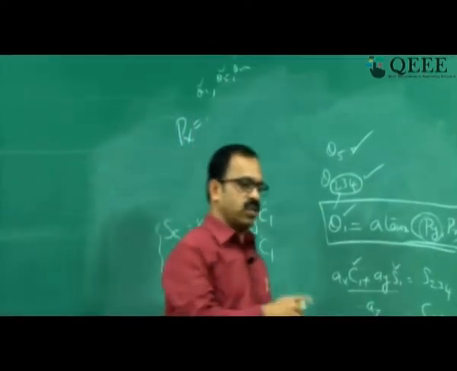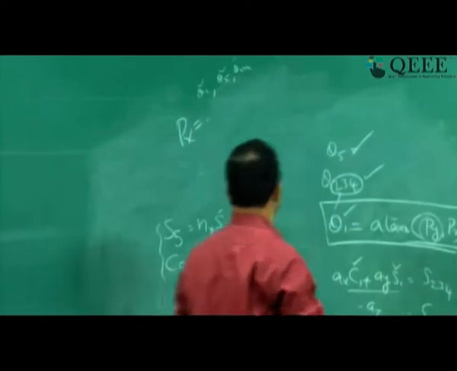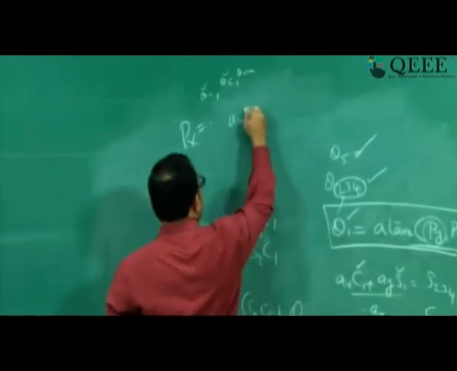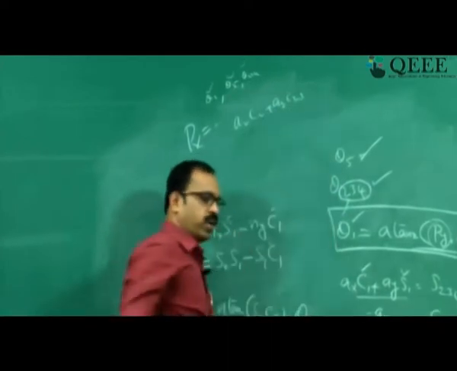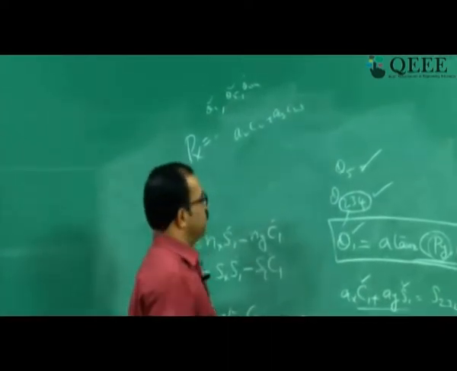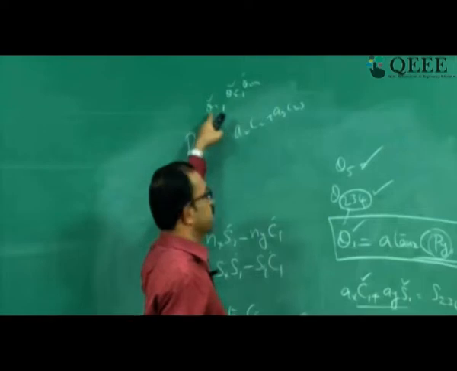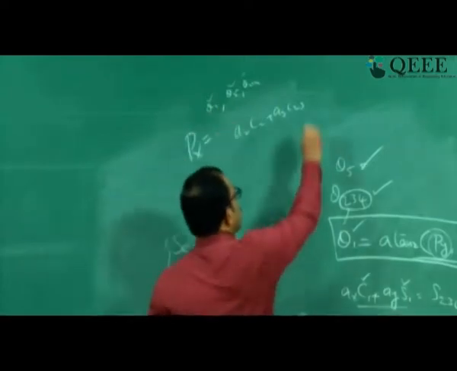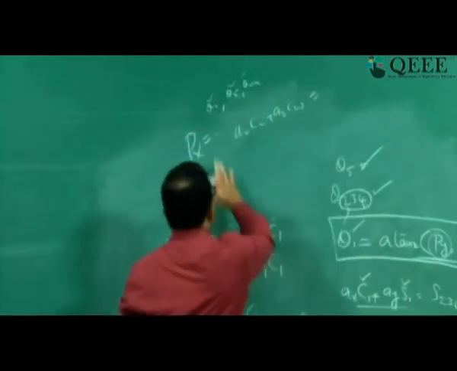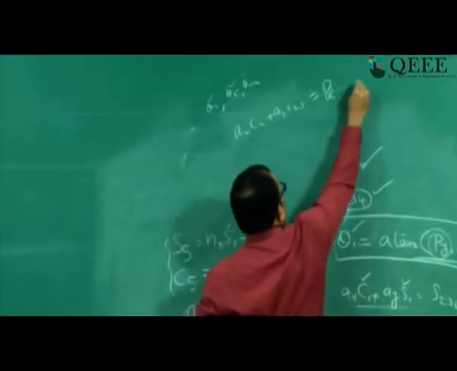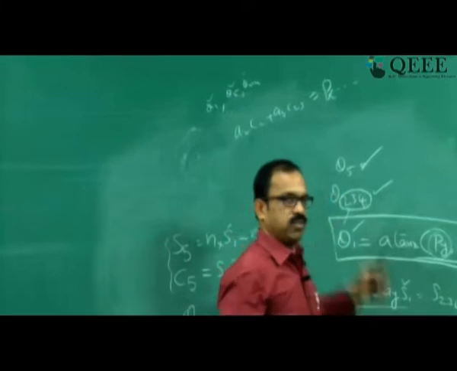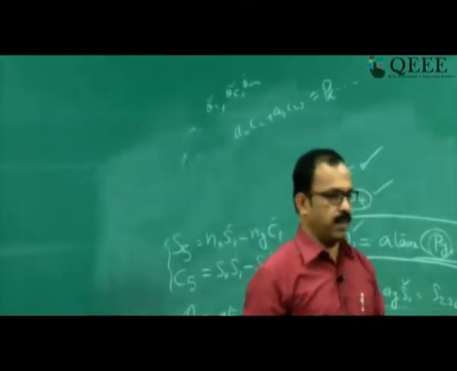We can take out the unknown terms A2C2 plus A3C23, all other terms are known, because we know 234, theta 5 and theta 1, and therefore we can write A2C2 plus A3C23 is equal to Px minus the other terms.